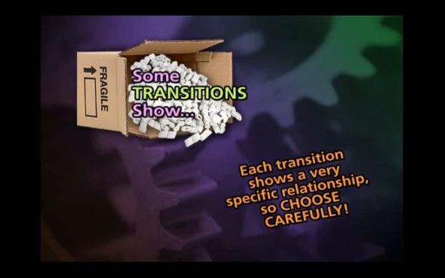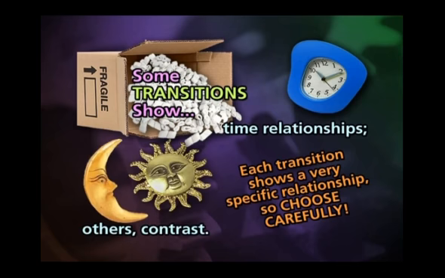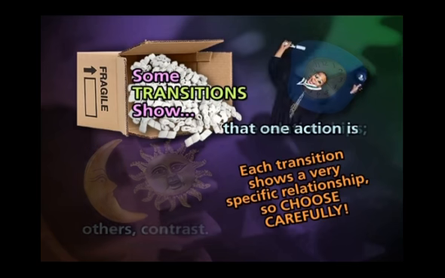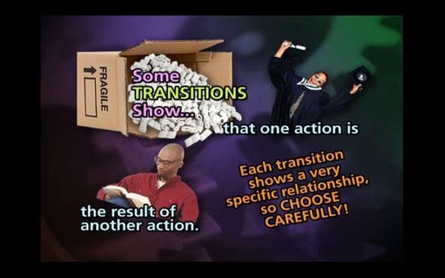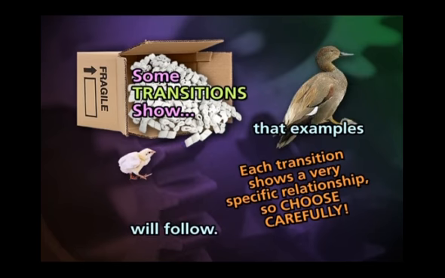Some transitions, for instance, show time relationships, while others show contrast. Certain transitions show that one action is the result of another action. Some transitions show that examples will follow. Let's look at each type of transition now.